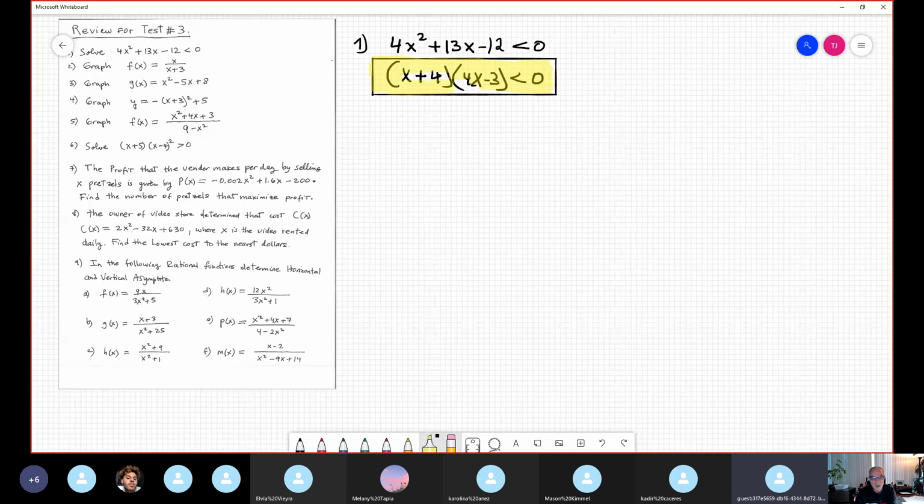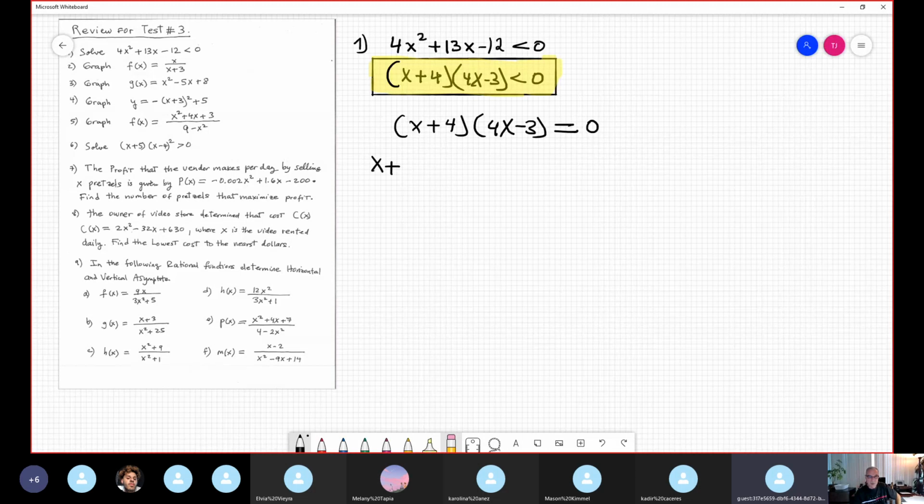Now you temporarily convert to an equation because I want to find the critical values. So you copy x plus 4 times 4x minus 3 equal to 0, in order to find the critical values.